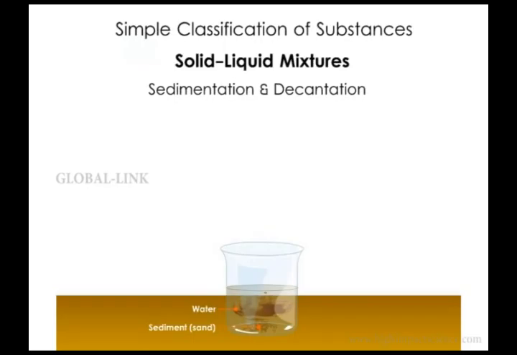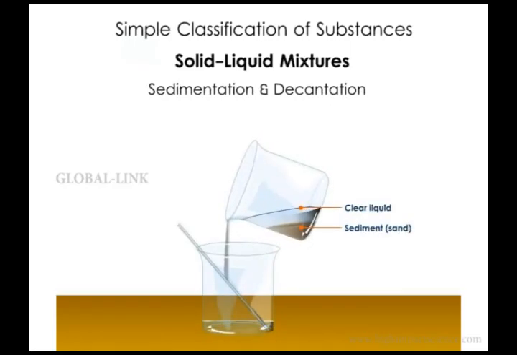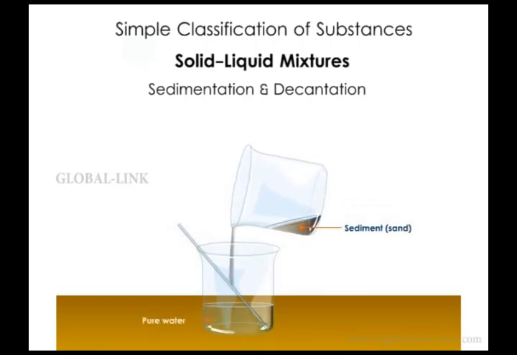You will see that the sand particles settle down at the bottom of the container, forming sediments. This process of settling down of heavier insoluble particles from the mixture is called sedimentation. The clear water above the sediment is then gently poured into another beaker, leaving the sand behind. This process of transferring the clear liquid is called decantation.